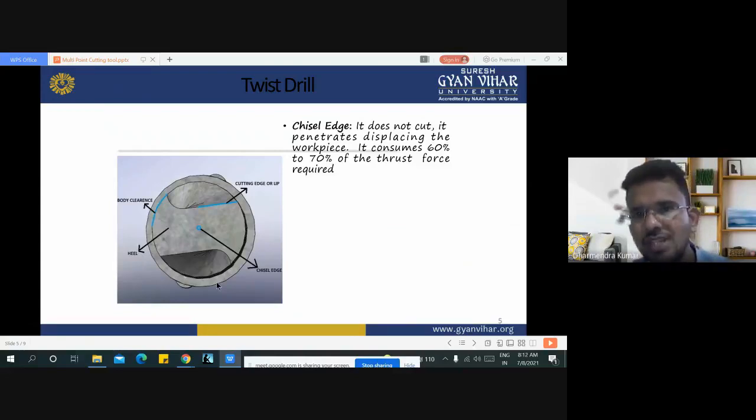It consumes 60 to 70% of the thrust force required, because it is the main point which makes first and direct physical contact between the drill bit and the workpiece. Thus, it consumes 60 to 70% of the thrust force.